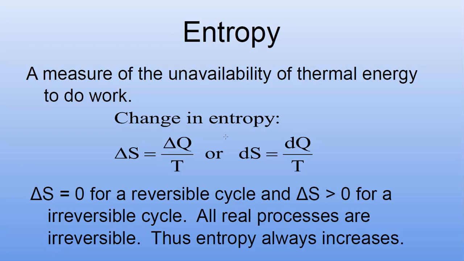So in that process, I changed the heat at some temperature, and there's this number called entropy where you can calculate how much loss of usable energy there was, how much loss of structure.